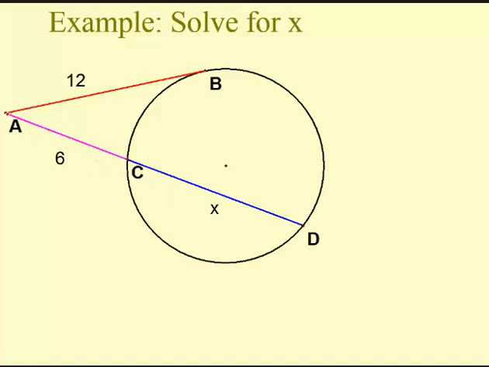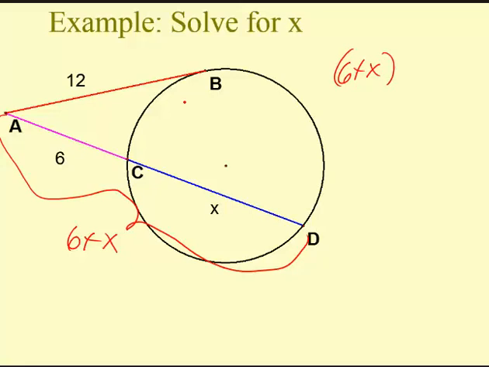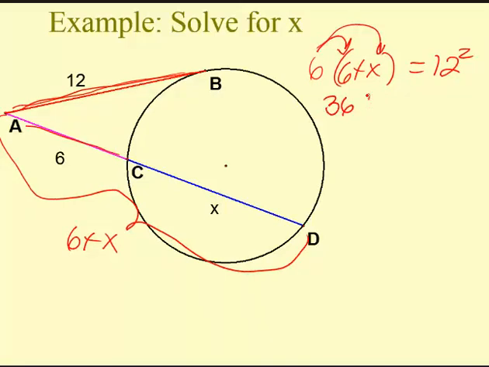What's the whole thing here going to be called? If we add the two parts together, it's going to be called 6 plus x. Okay, so we have the whole thing, 6 plus x, times the outside portion is 6, is going to be equal to this whole thing times the outside portion, which is the same thing, again, 12 squared, or 12 times 12. We must distribute here. You got to know how to distribute to do this whole section.